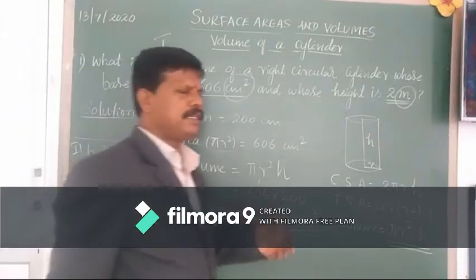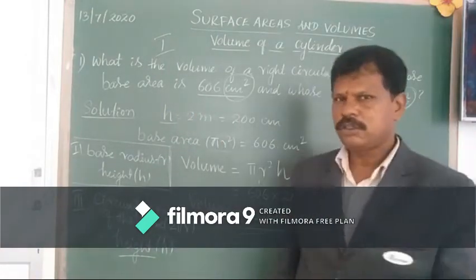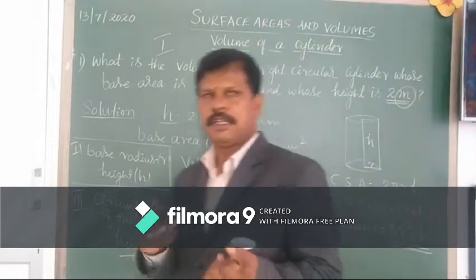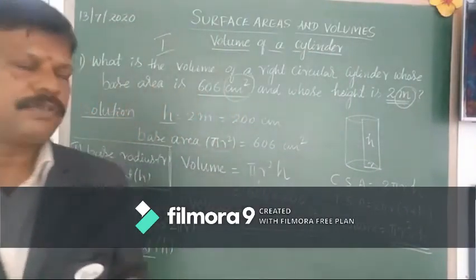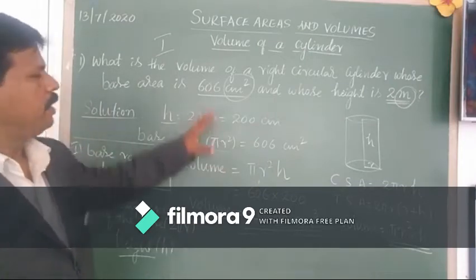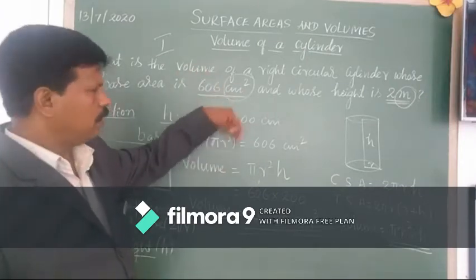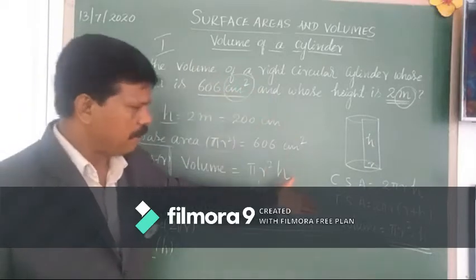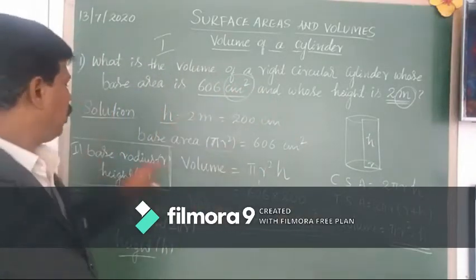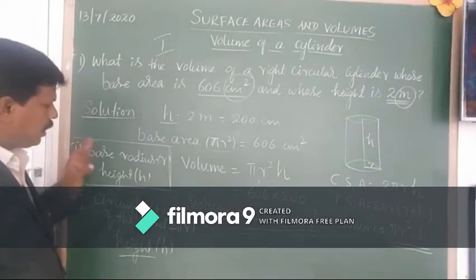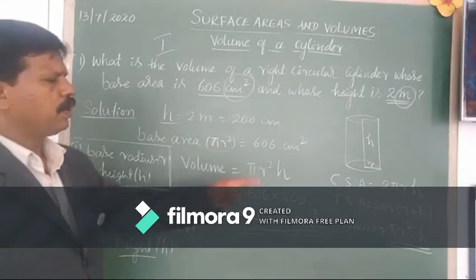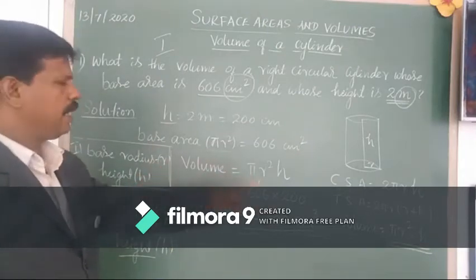Before answering the question, see what type of question it is and what is given. Whether they have directly given the radius of the circular base and height of the cylinder, or the base area. If they give radius and height, substitute the value of pi as 22 by 7, with r and h given.